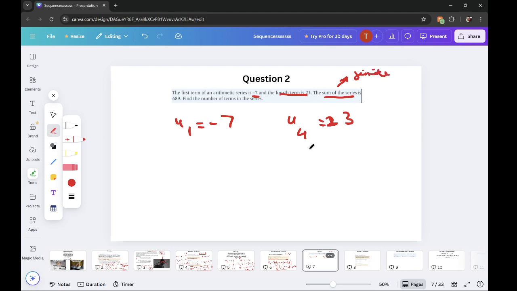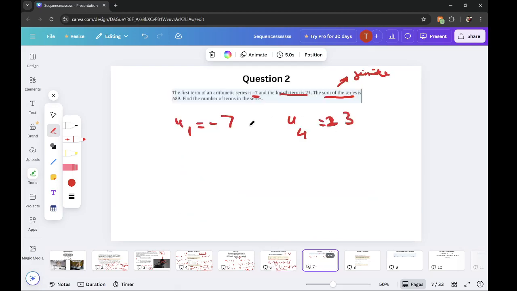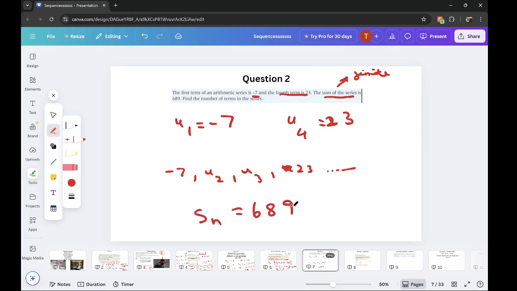But again, this doesn't mean that you can use this equation over here, and I'll go through that now. Let's say this sequence is represented by negative 7, u2, u3, and u4, where u4 is 23, and then it goes on up to u of n, and S of n of this is 689.